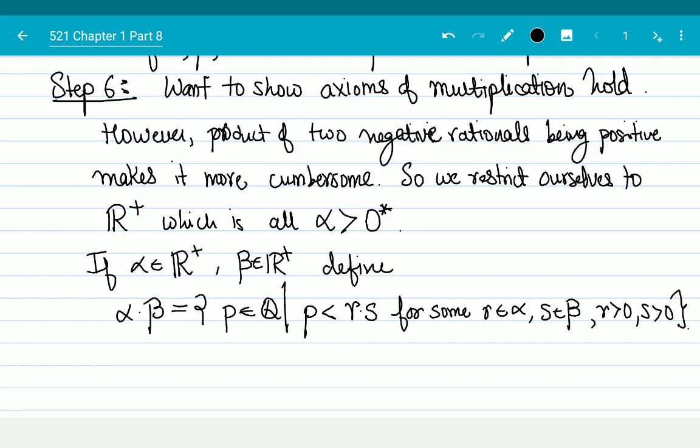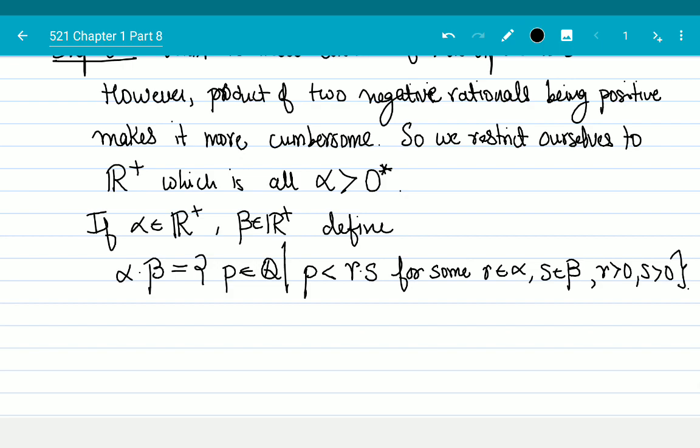Why do such r and s exist? Because alpha and beta are both positive reals.